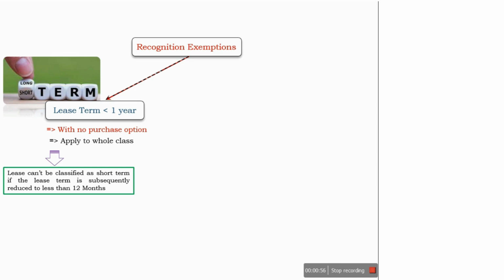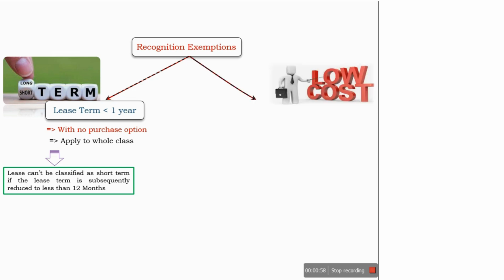Another exemption is in respect of low-value assets. Here, IND AS 116 is silent about any threshold limit that we need to take care of when classifying an asset as low value. So here, judgment plays a role. But IND AS 116 provides two conditions that need to be fulfilled before we classify any lease as a low-value lease.